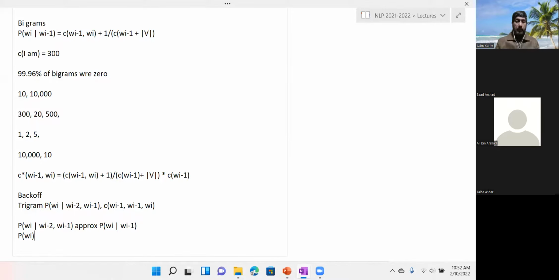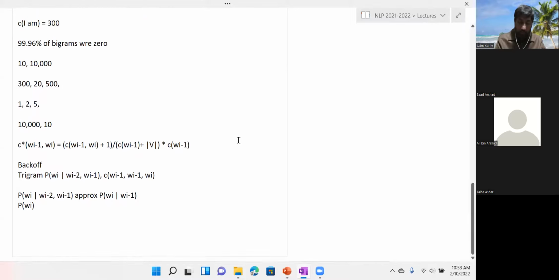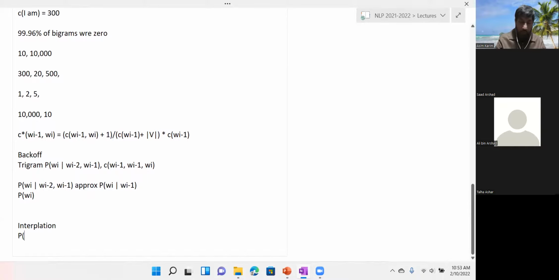So whenever you find that a count is very small, you can simply back off to the previous order n-gram estimate for that probability. This is one very simple way of making sure that you have fewer zeros in your language model. You can extend this idea further through interpolation. For example, let's say you want to find the probability of the bigram Wi given Wi minus 1.